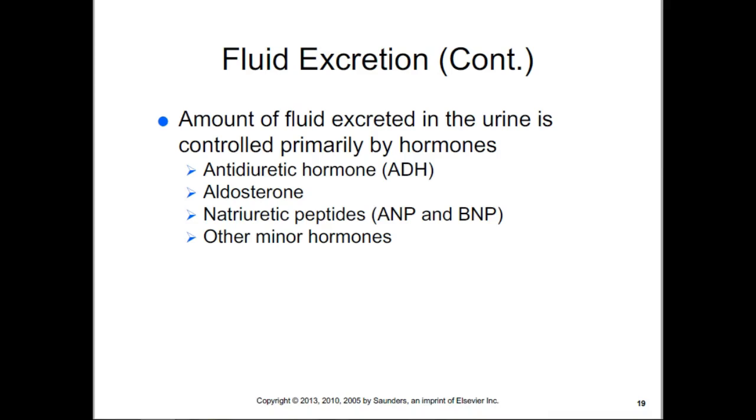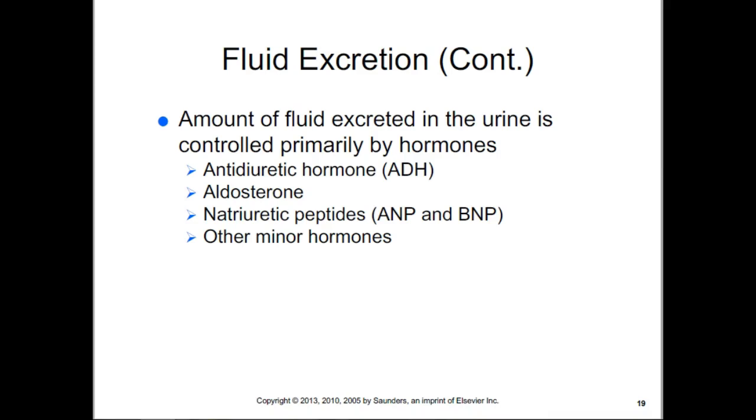The amount of fluid excreted in the urine is controlled primarily by hormones. It's really important that you understand how all of these hormones work. Antidiuretic hormone, ADH, also called vasopressin, is secreted by the posterior pituitary. It is going to affect mostly the collecting duct, where it makes more aquaporin channels.